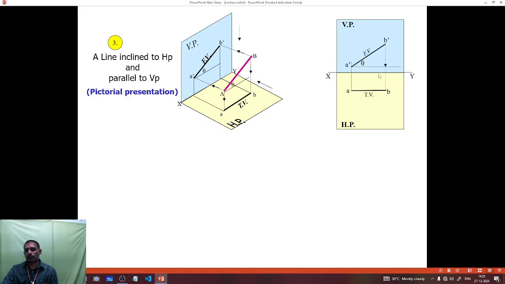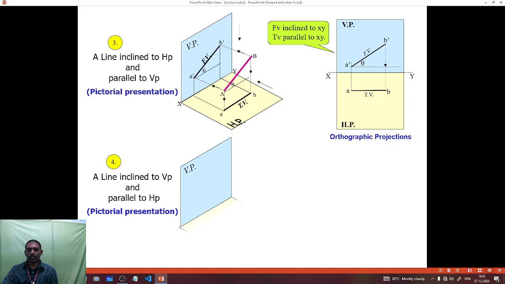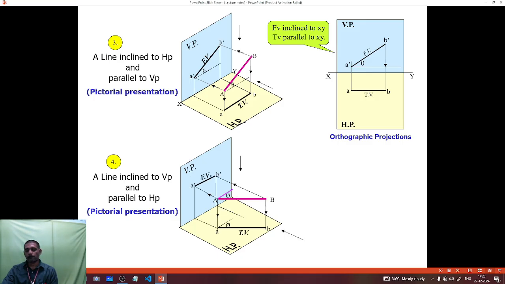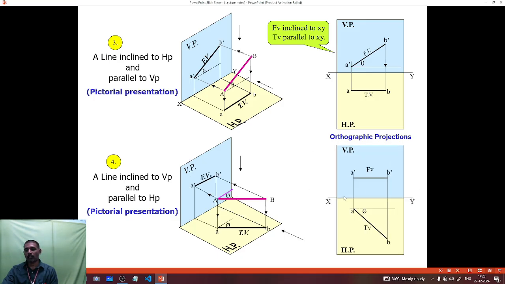These are orthographic projections. Next, the fourth category, a line inclined to VP and parallel to HP. See, it is somewhat inclined from the VP at A and somewhat inclined at B. This is the orthographic projection of the fourth case.